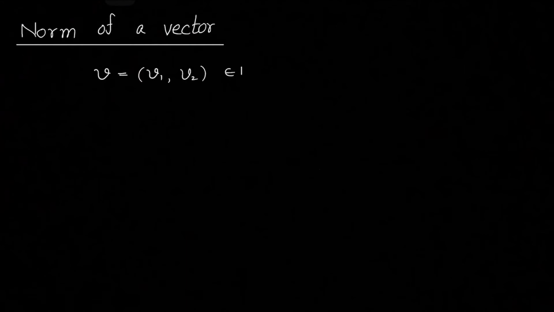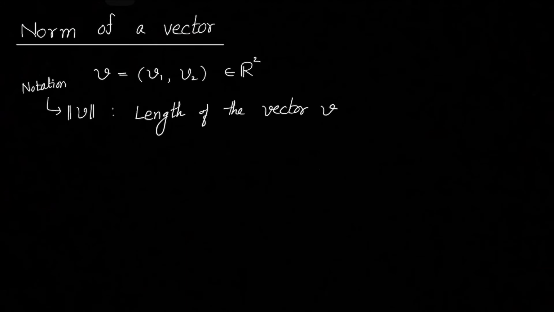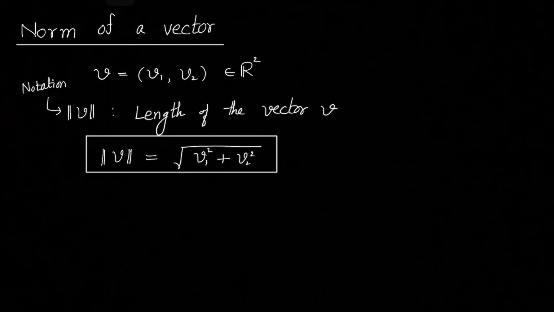Then the norm of the vector V, this is the notation for norm, is the length of the vector V. How is the norm defined? It is defined as the square root of the sum of the squares of the components. So this is the formula for finding the length of a vector in R2.